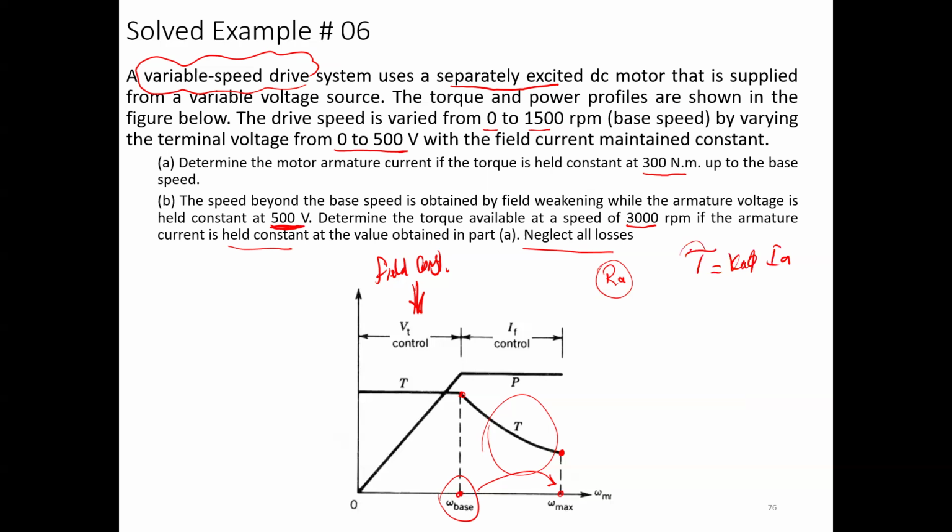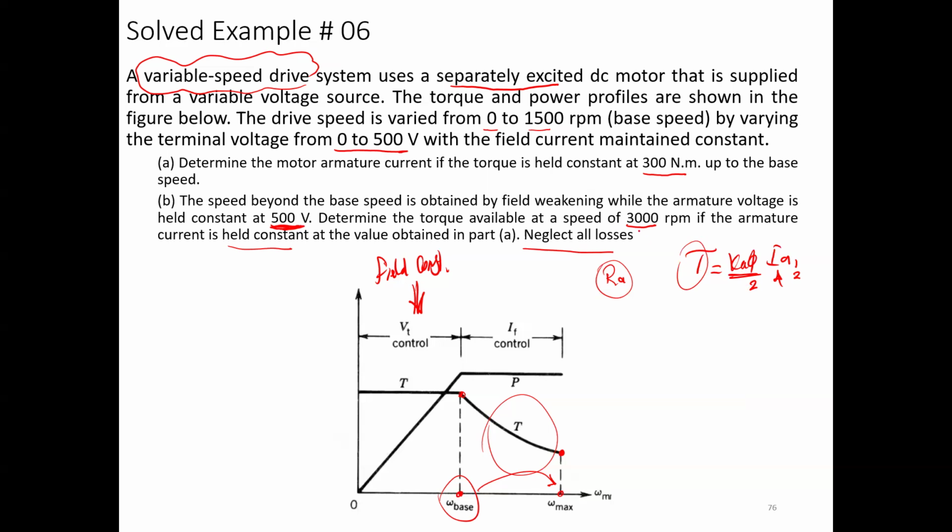We don't have the torque in the second case. K phi is going to change, and armature current is going to be constant. So if we get the value of K phi in the second case, Ia1 equals Ia2, it's constant current, we can get the value of T once we get the value of K phi 2.